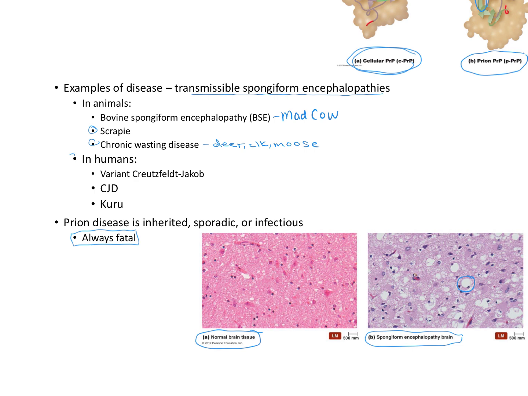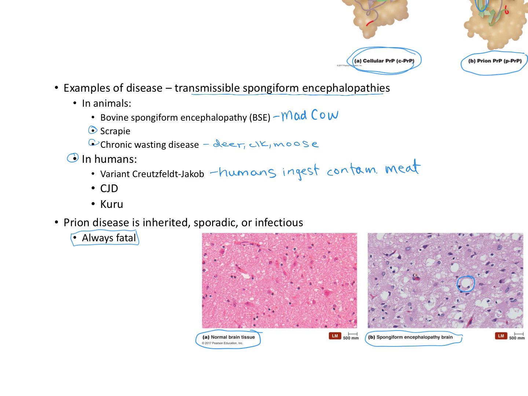In humans, what do we call this? Variant Creutzfeldt-Jakob is when humans ingest contaminated meat. And like I said, there were about 200 humans that died of variant Creutzfeldt-Jakob by eating a cow that had mad cow.